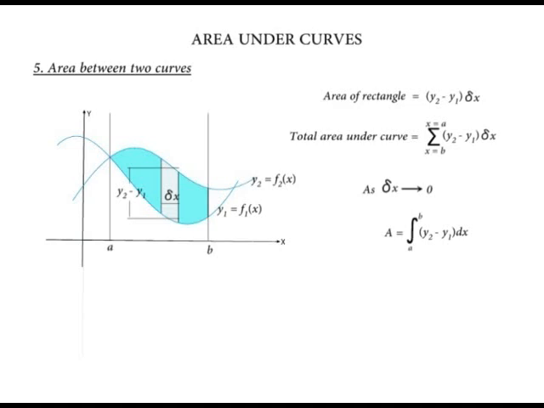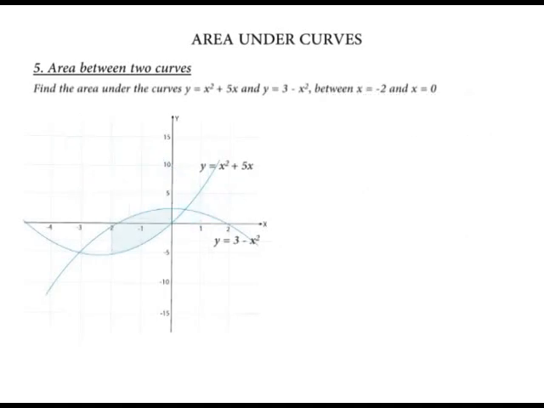Let's take an example. Find the area under the curves y is equal to x squared plus 5x and y is equal to 3 minus x squared between x is equal to negative 2 and x is equal to 0. From the graph, we see that y is equal to 3 minus x squared is above y is equal to x squared plus 5x in the region of interest, and so we use it as y2.